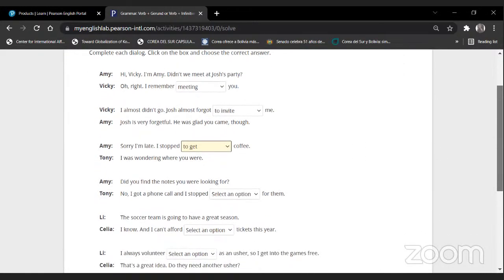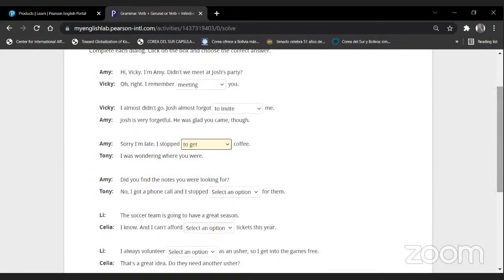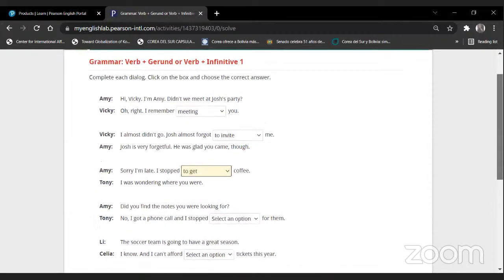I have one question. I remember in the first class we talked about certain groups of verbs, non-action verbs. In this case, maybe there is a trick to recognize the gerunds or infinitives, or do I need to memorize that list?